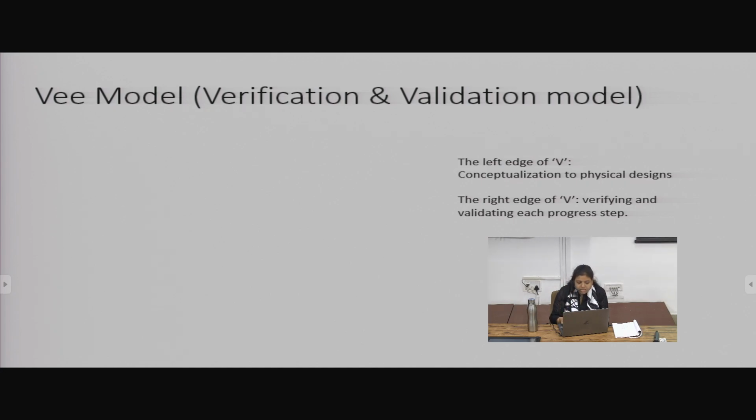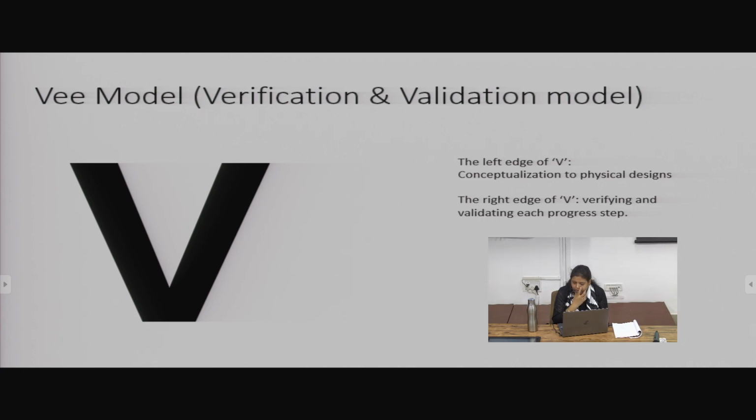But this verification and validation model, the V shape itself expresses a lot of things. What is the difference here? In the V model, there are two edges of the V. The left edge of the V expresses the conceptualization of the physical designs, right?